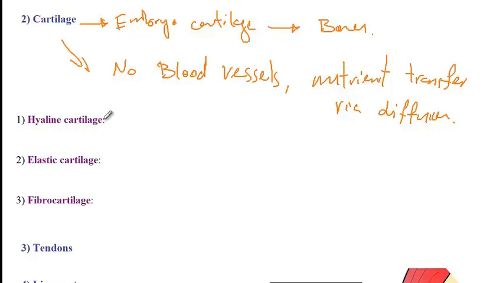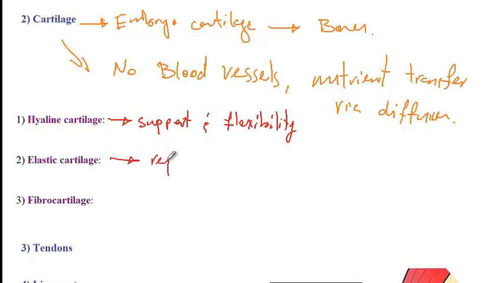This type of cartilage is used to provide support and flexibility to areas such as our nose, rib cartilage, and trachea, versus the elastic cartilage, which is required for repeated bending. Like for instance, our epiglottis, which blocks entry of food particles into our airways, is an example of an elastic cartilage.